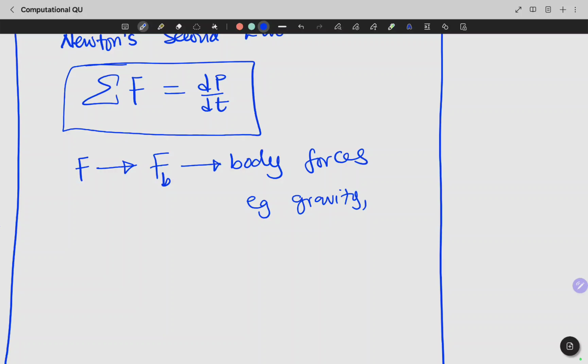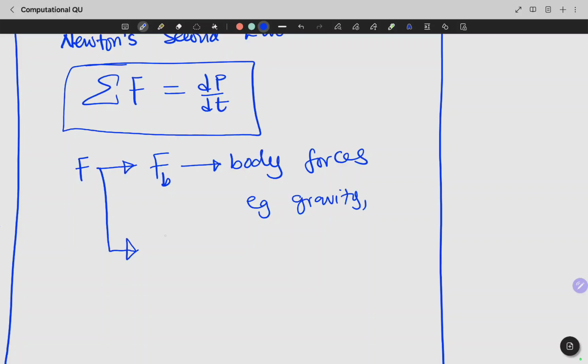What do we mean by body forces? These are the forces that can influence all the molecules at once. Magnetic field can do that, electric field can do that, gravity can do that.